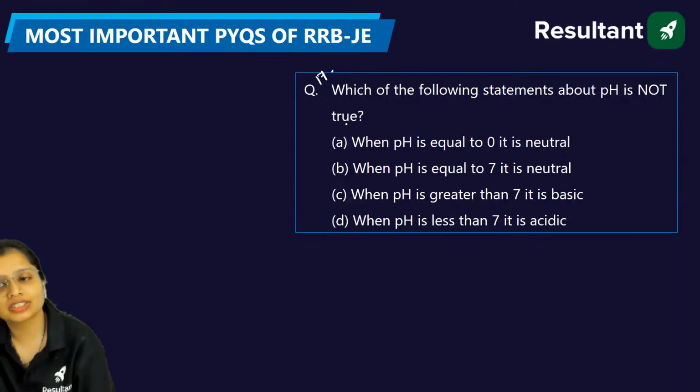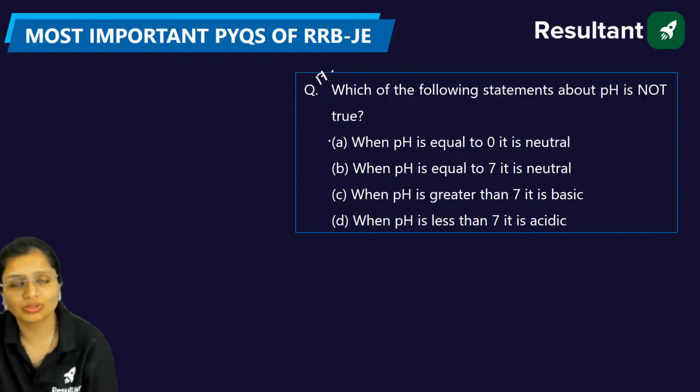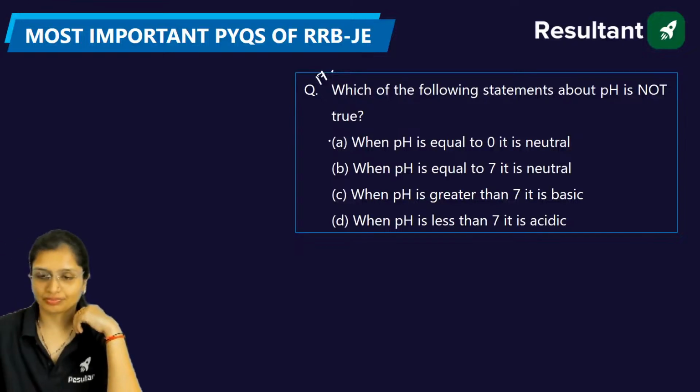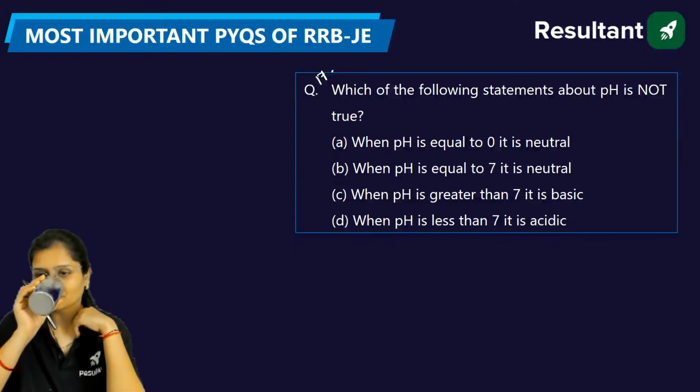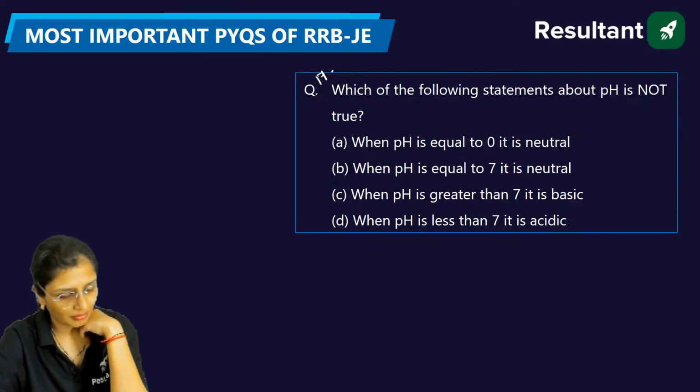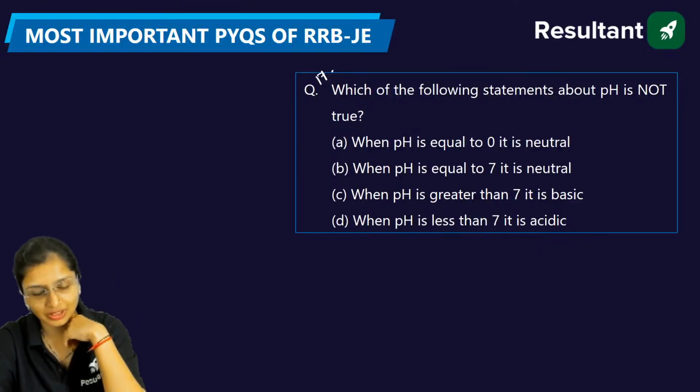Now, next. Question number 17. Which of the following statements about pH is not true? That means incorrect. So you have to tell the incorrect statement about pH. Just by seeing the very first one you will get the answer.